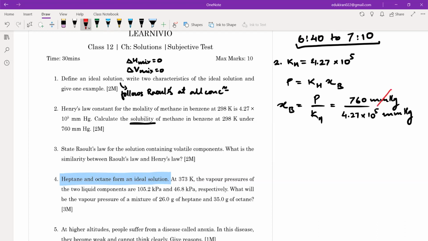Here we can easily cancel these two terms and it will be equal to 760 upon 427 into 10 to the power 3, which goes above and becomes 10 to the power minus 3. If you solve 760 upon 427, it is 1.7 or something, so 1.7 into 10 to the power minus 3. So this is the mole fraction.